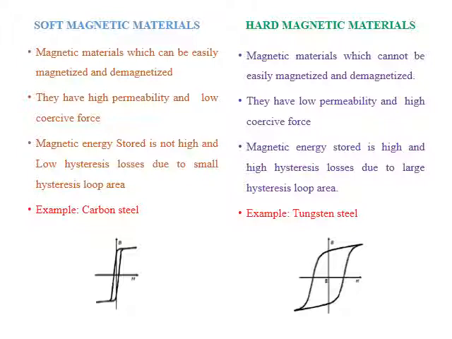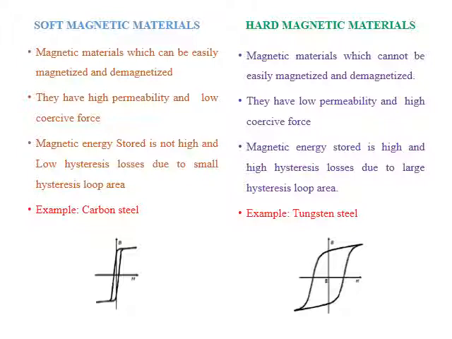So we can magnetize or demagnetize them easily, and they show a very low hysteresis loss, store smaller magnetic energy, have high permeability, and show low coercive force. They require a very small magnetic field and energy to destroy their magnetic property.